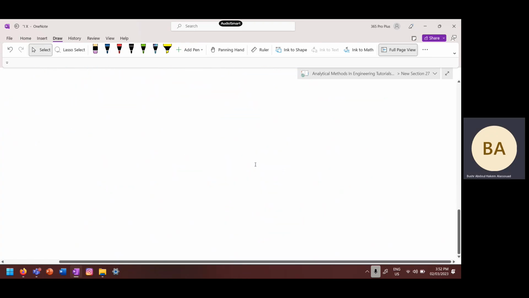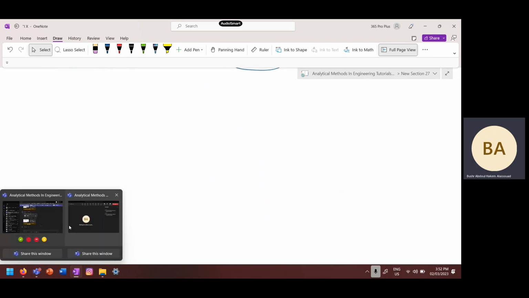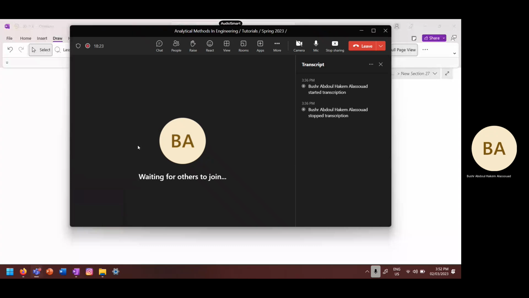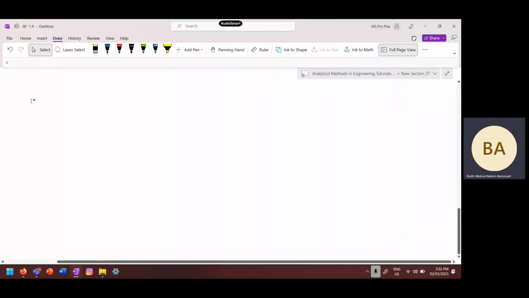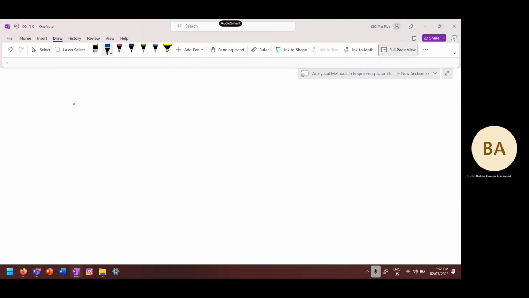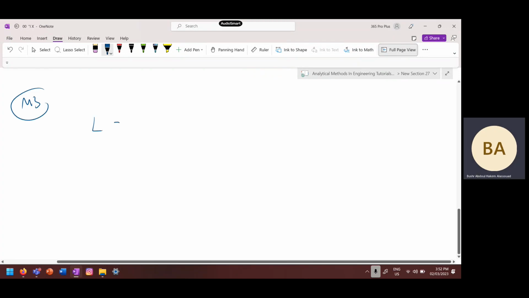Now let's go to the third method. Just check the meeting if it's working. Yes, it's working. Anyway, method 3, the Lagrangian. L is equal to the cost function, which is s squared plus pi r squared, plus lambda times the auxiliary.